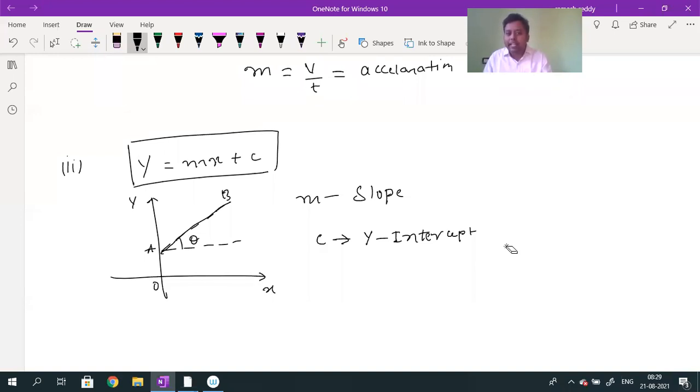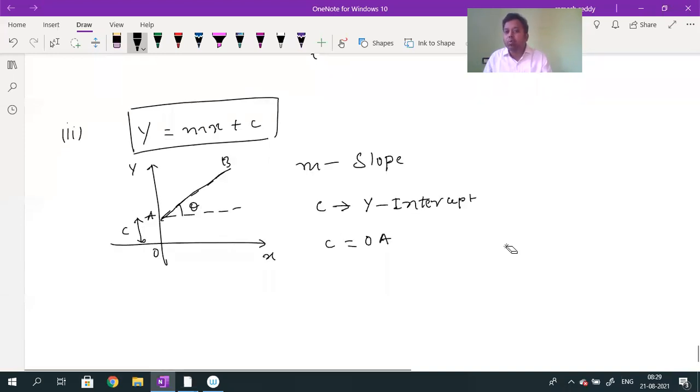That is given by tan theta. It intercepts the y-axis at A. What is the distance between O and A? This distance is called c. So the value of c from the graph is given by OA.